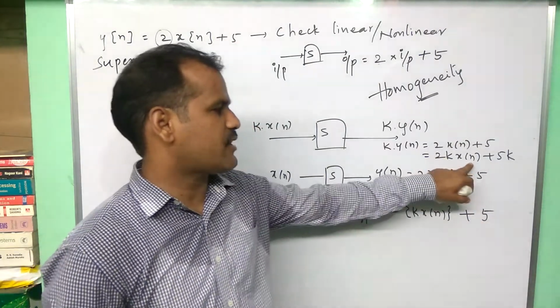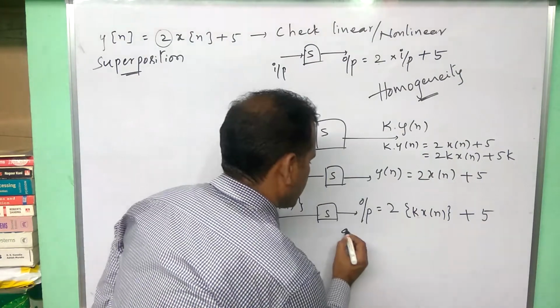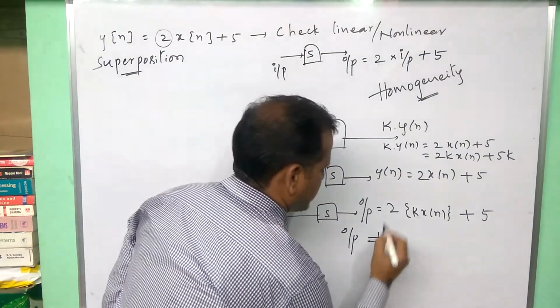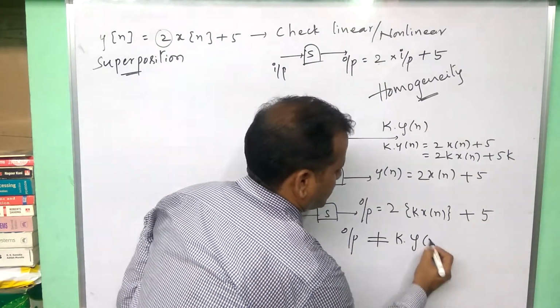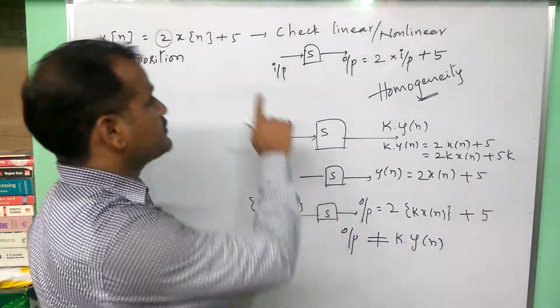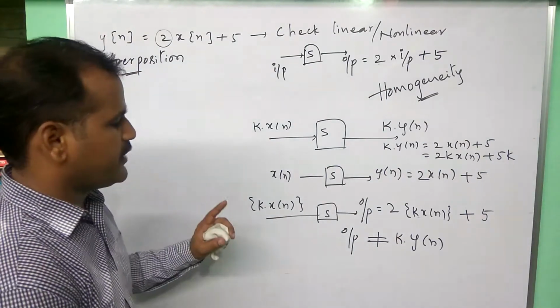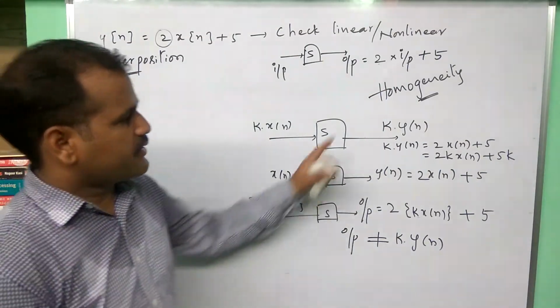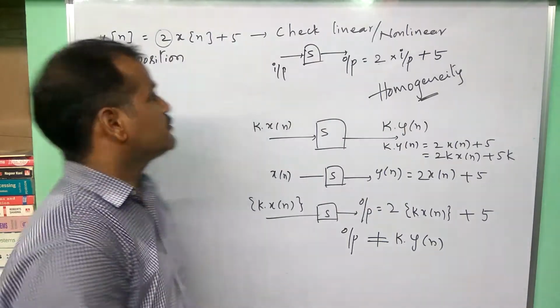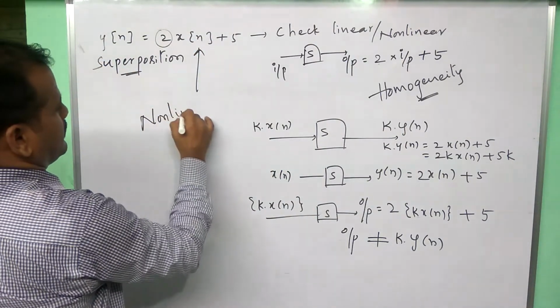But 2kx of n plus 5k is not here. That means the output is not equal to k into y of n. We need an extra k here. So this system does not satisfy the homogeneity principle either. Already it fails the superposition principle and it also fails the homogeneity condition. So the given system is a non-linear system.